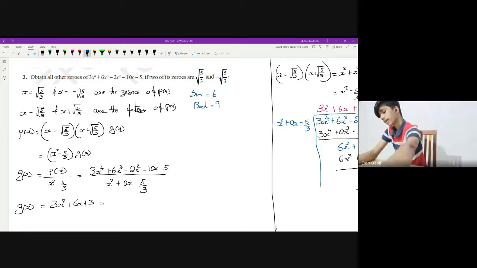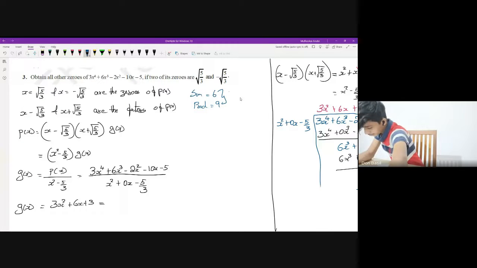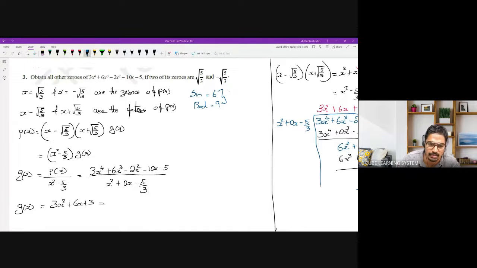Sir, 3x plus 3 and x plus 3. Which are the numbers satisfying the condition? 3 and 3.